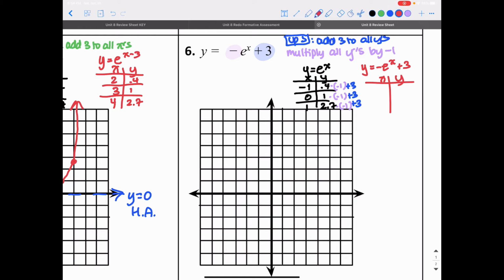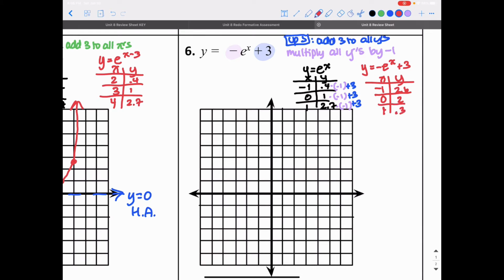And you're going to end up with -1 and 0.4 times -1 plus 3, 2.6, and then 0 and 2, and 1 and 0.3.